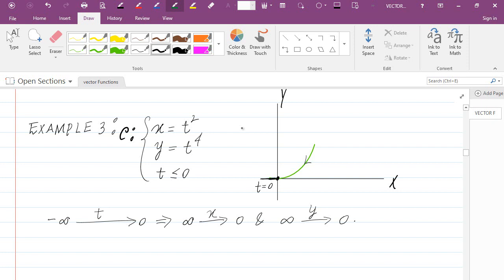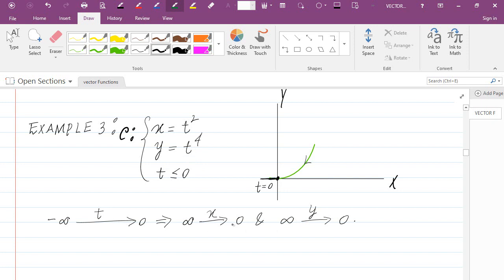So the curve is still a parabola, but is it the right half or the left half, and how is it traced? Well, as t progresses from negative infinity to 0, x is t squared, so it's going to go from infinity to 0, and y is going to go from infinity to 0 as well.